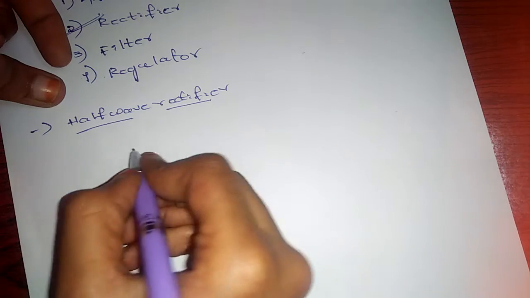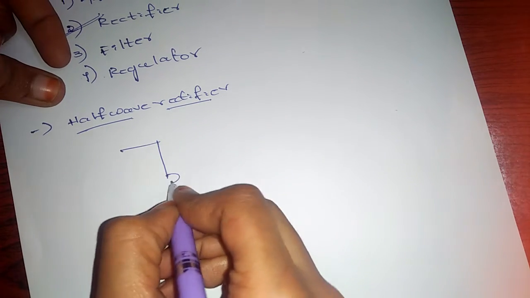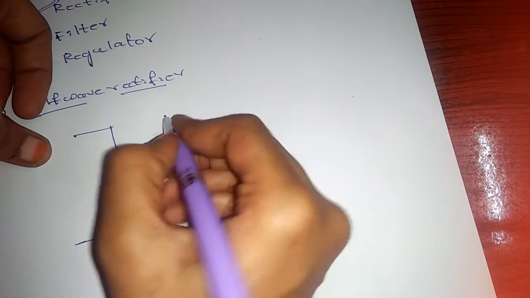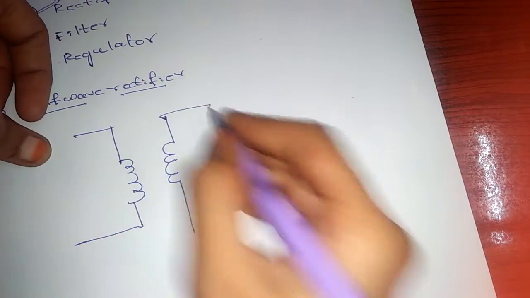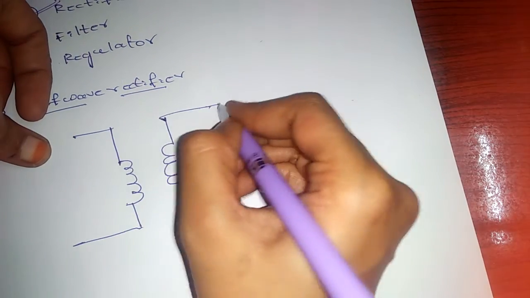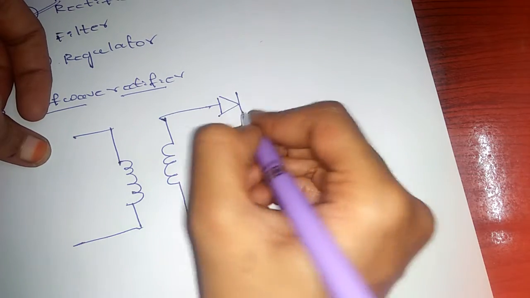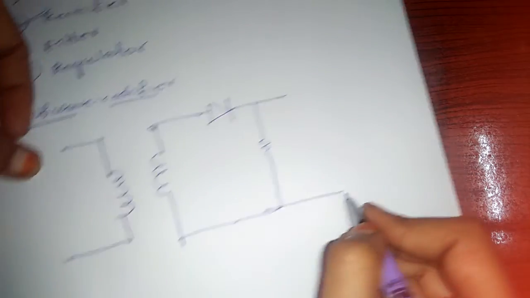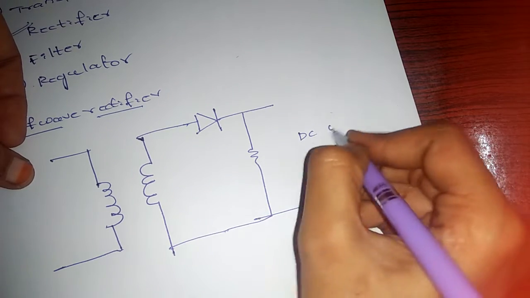So let's look at the circuit diagram. I told you that the first step will be the transformer, and then the load resistance and the DC output.